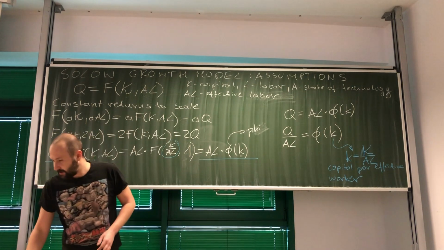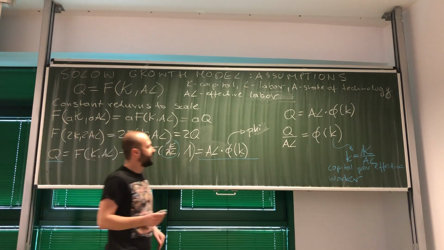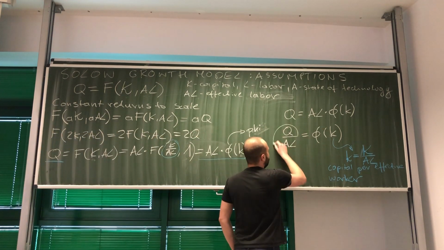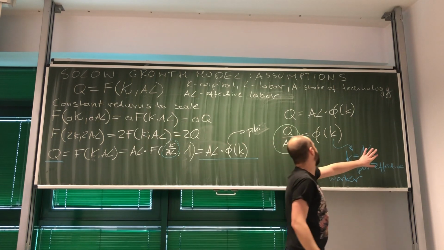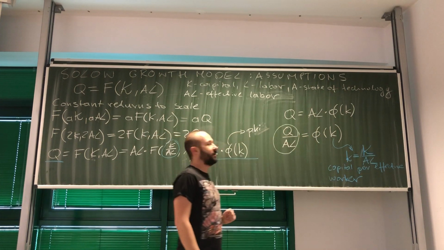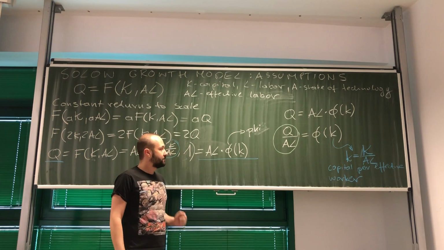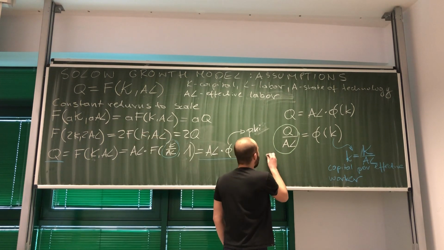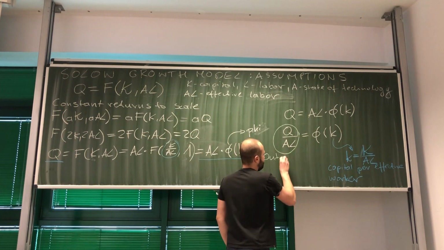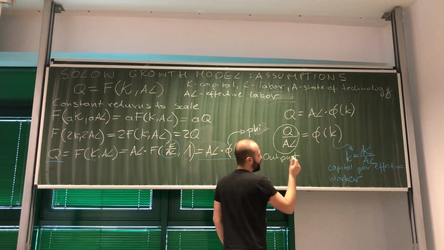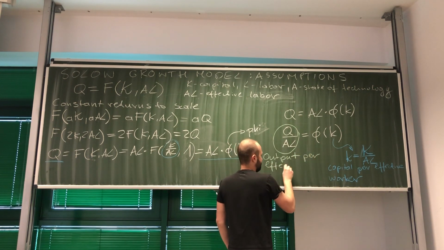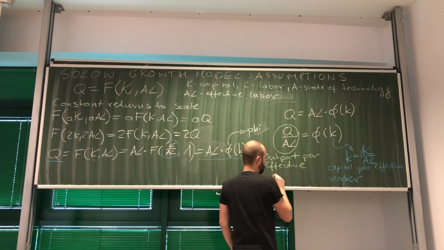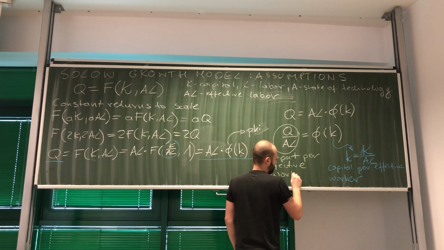Now, how about the other side? What do we have over here? Look, if this is capital per effective worker, then over here we must have output, so level of production per effective worker.